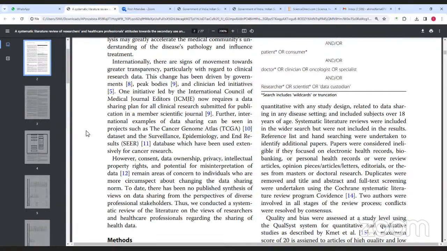Reference list and hand searching were undertaken to identify additional papers. Papers were considered ineligible if they focused on electronic health records, biobanking, or personal health records, or were review articles, opinion pieces, letters, editorials, or theses from master's or doctoral research. Duplicates were removed and title, abstract, and full text screening were undertaken using the Cochrane Systematic Literature Review Program.